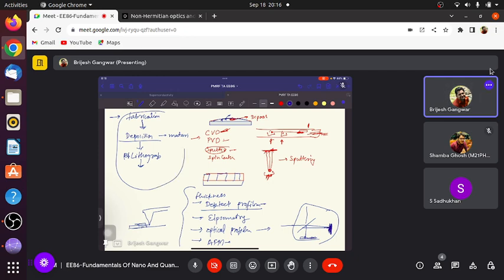In ellipsometry, the light comes on the substrate, and then they check phi and psi, these two parameters. Psi is related to p polarized light, phi related to s polarized light, and then some fitting is there, with fitting parameters they already have in the data.